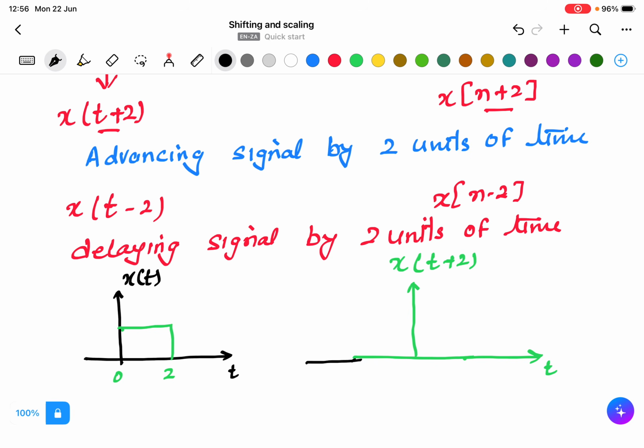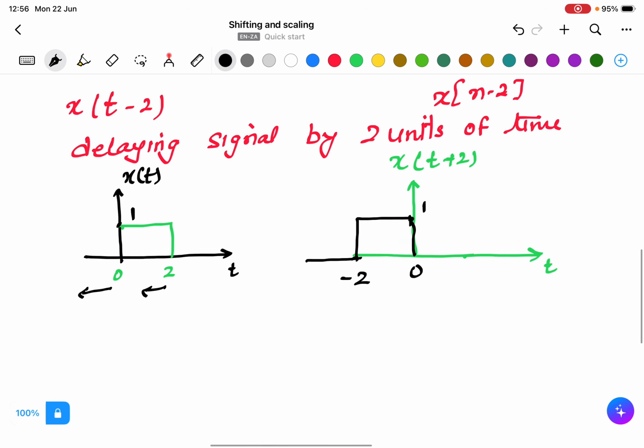That means this 0 will move to the negative side, and 2 will move to 0. So I'm advancing it by 2 units of time, and now the signal will be like this. Whatever the amplitude is, let's say amplitude is 1, the amplitude will stay the same.